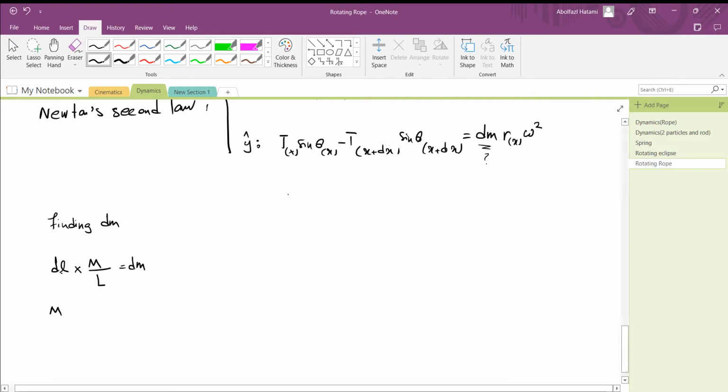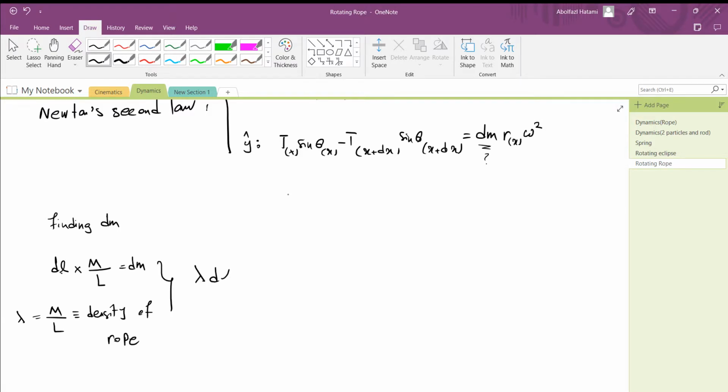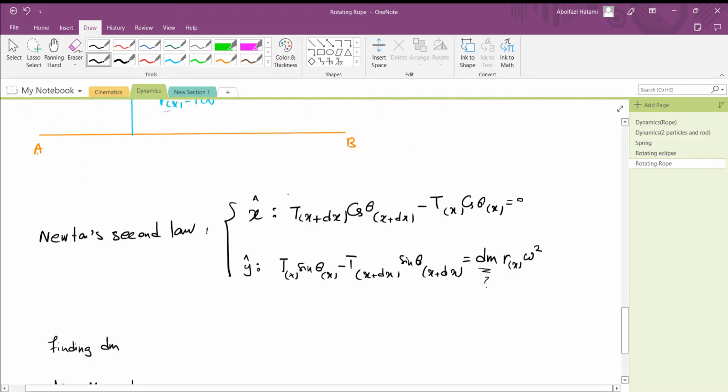Actually m over l is the length density of the rope, which I can call lambda. If we multiply lambda by the length of this differential element, it is the mass of this differential element.